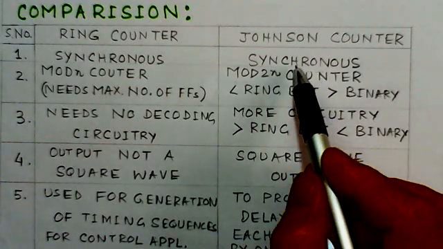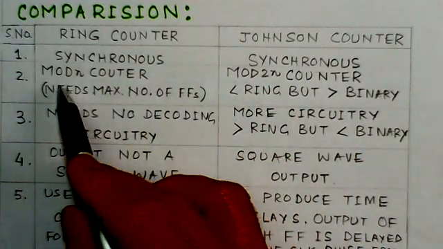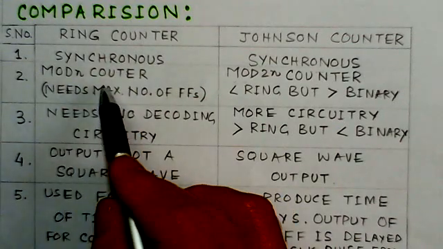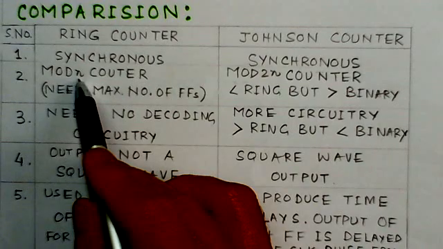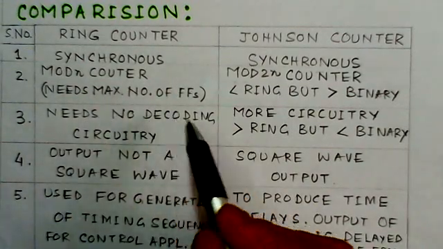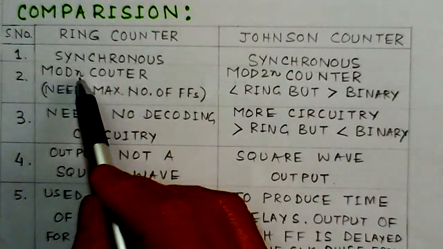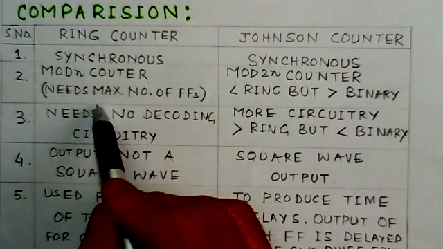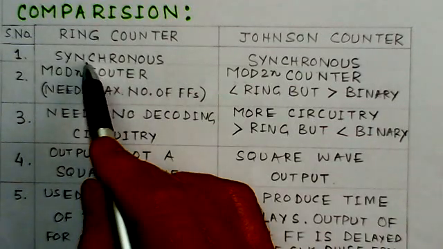That's the very important part. Now number 2 is that the ring counter is a mod n counter, where n is the number of flip-flops, and needs the maximum number of flip-flops. So if it's 4 flip-flops, it's only 4 states.